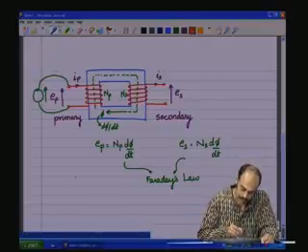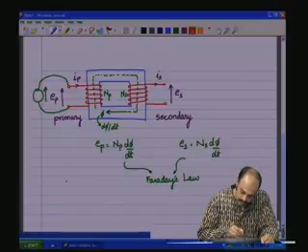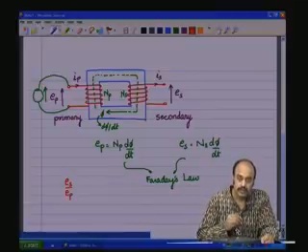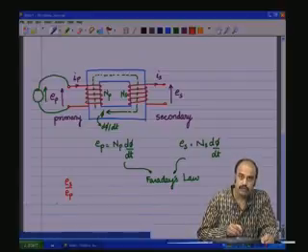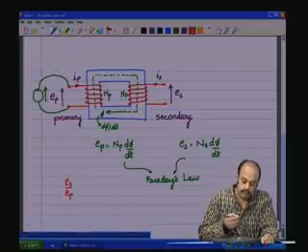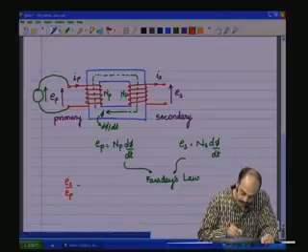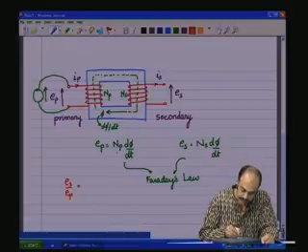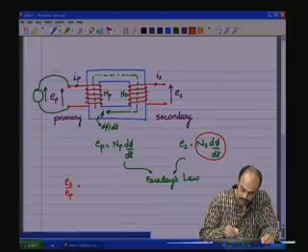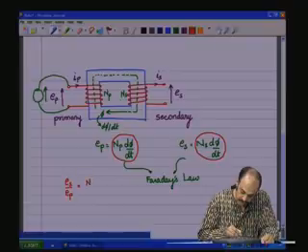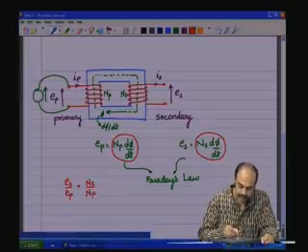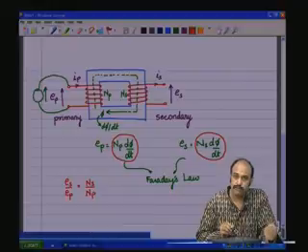Now, E secondary by E primary, that is the voltage across the secondary divided by the voltage across the primary of the coil, that is the ratio of the secondary port voltage to the primary port voltage, is equal to, using these two terms, Ns by Np, because d phi by dt is the same for both the coils, because it is the same flux which is linking both the coils.